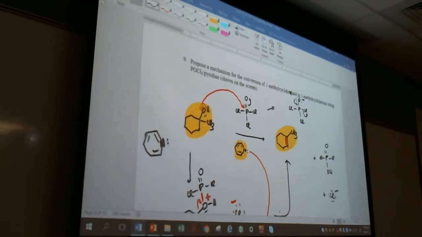Sometimes we say this, okay, this attacks here, sends electrons up here, which comes right back and kicks this out. And that would be like an all-at-once description of what's happening. But effectively, you form the alkoxide ion and then the electrons kick in and kick out the chlorine.